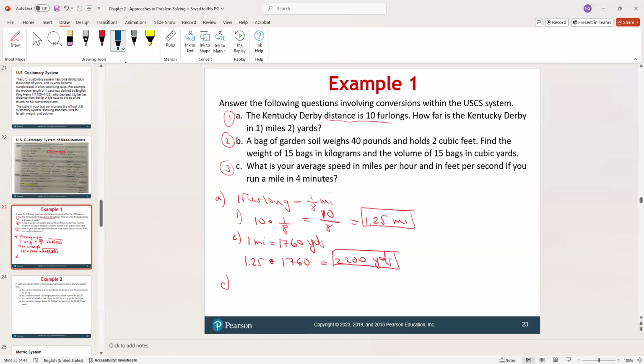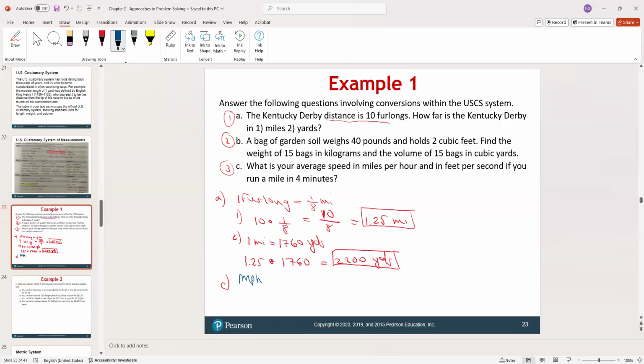So you want to know 1 mile per hour, miles per hour. That's our goal.